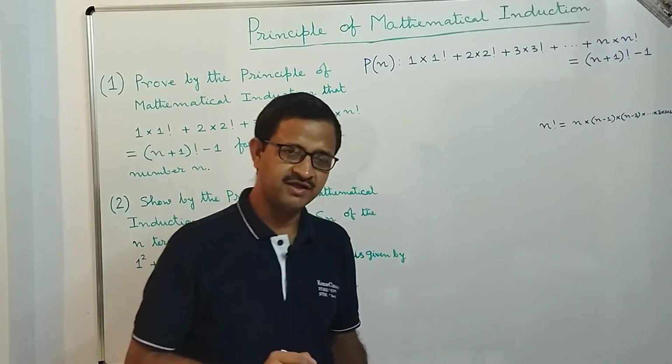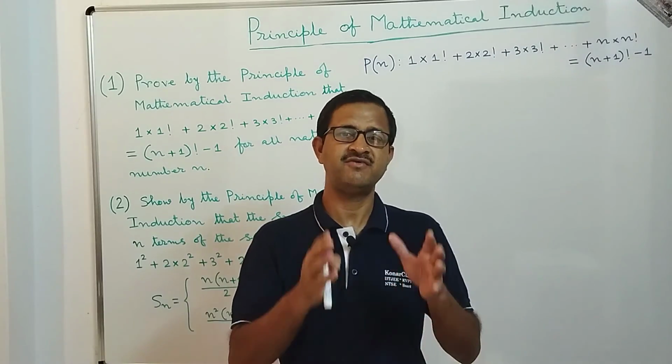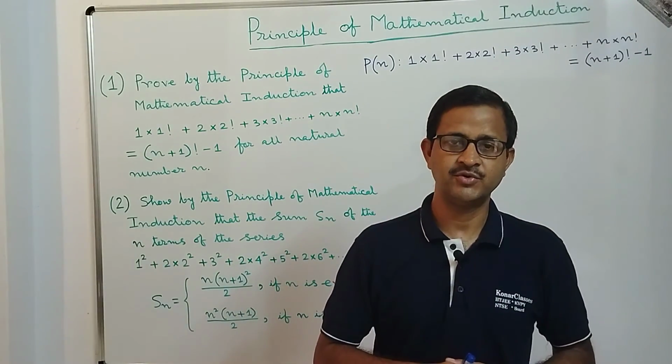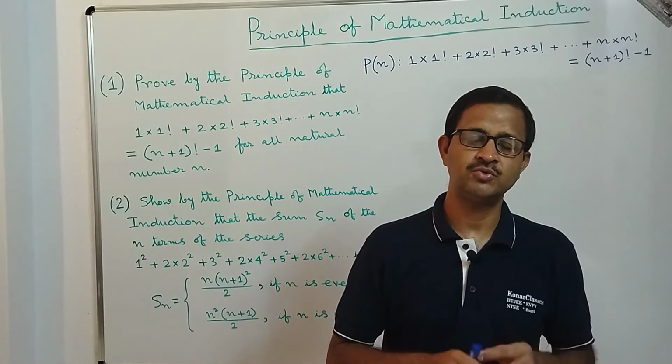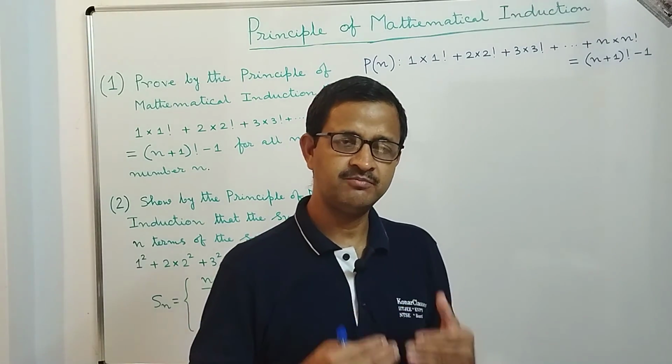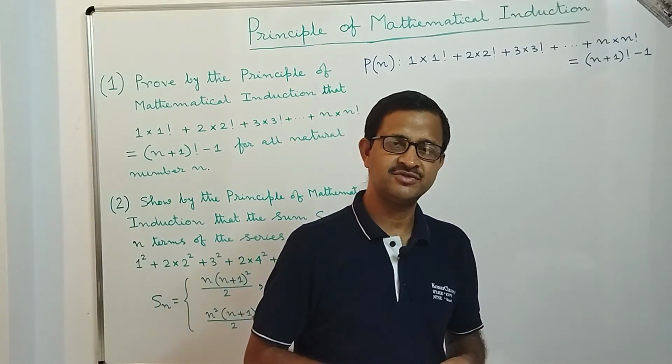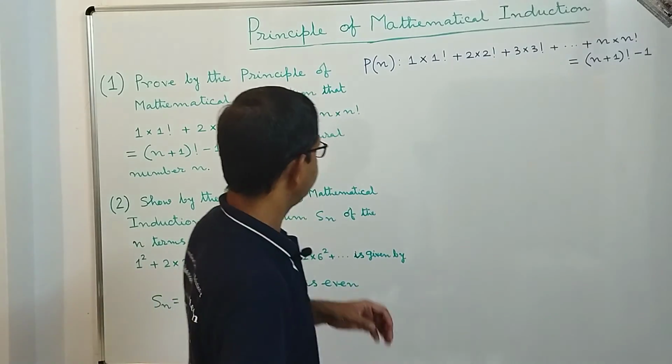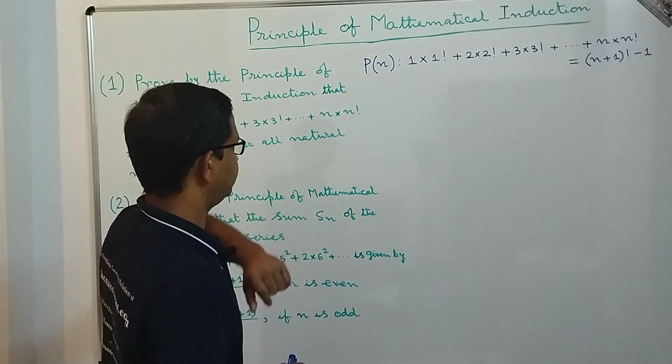That is what is defined as factorial n. To have a very clear idea, please go through my other video lectures on factorial available under the section of permutation and combination. Now this is the mathematical statement.